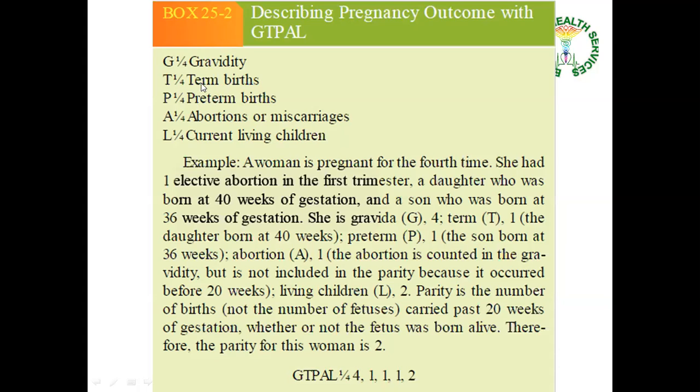So T stands for full term birth at 38 weeks or more. Some books write 37 weeks. P stands for preterm, meaning birth before 38 weeks, or before 37 weeks.